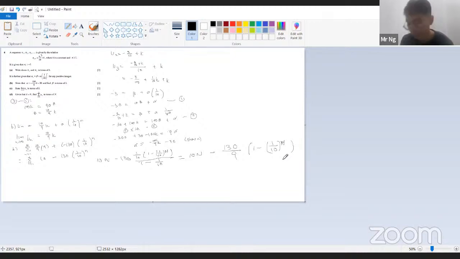Okay, 15.57 times 9 minus 130 divided by 9. Not 9, times 3. After that, I get 1 minus 1 divided by 10 to the power of 3. Now confirm correct. Okay, this one's secure.